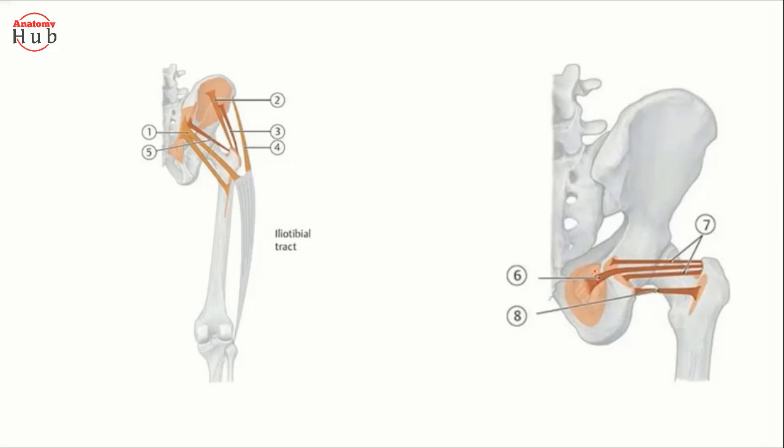So this obturator internus muscle, as we have already discussed, takes origin from the inner margin of the obturator foramen, or you can say the inner surface of the obturator foramen and the obturator membrane, and here it goes towards the lateral side, right?